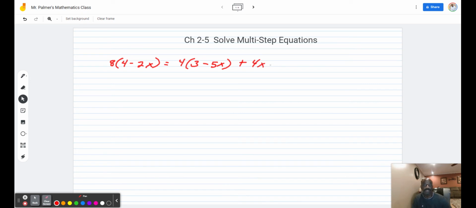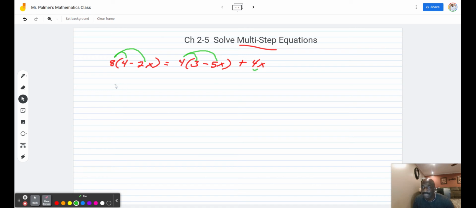It's a lot in there. But we're going to do the exact same thing we did before. Remember, this is multi-step equations. First thing we're going to do is just what we did before. Distribute a property here and here. Distribute a property here and here. And we're just going to bring that part down.